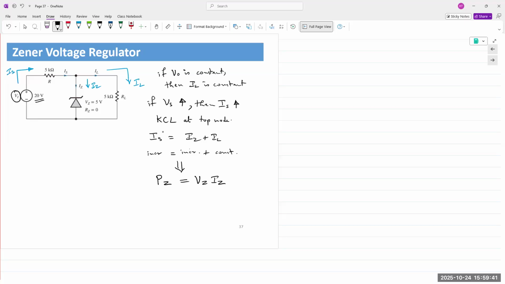It comes with a power rating, PZ, VZ, and RZ: Zener voltage, Zener resistance, and the maximum power, PZ. That gives us the maximum current that can flow through that Zener diode. And we use that property to create voltage regulators, right?